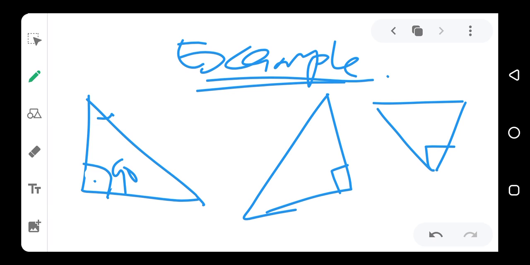No matter the side it is facing or how the shape looks, what we have to look for is whether there is an angle of 90 degrees inside it or a perpendicular sign. That makes it a right angle triangle.